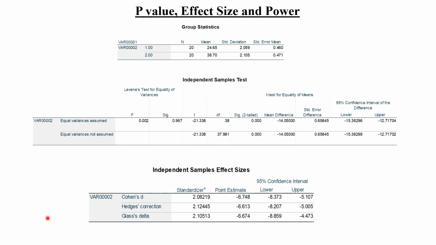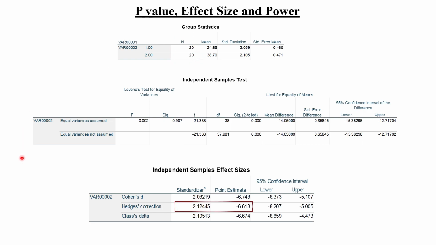Then we check for the effect sizes. In SPSS, while conducting the independent sample t-test, the effect sizes are automatically calculated. As we saw in the previous slides, we have an equal number of observations, but the observation number is less than 50.